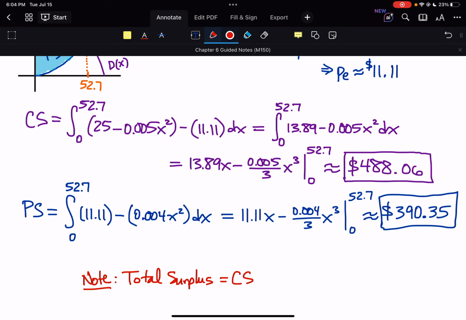You would just take consumer surplus plus producer surplus. That gives an idea of how much has been gained collectively among all sides of this. The question didn't ask for that though, but just so you know, there are cases where we would take these numbers and add them together.